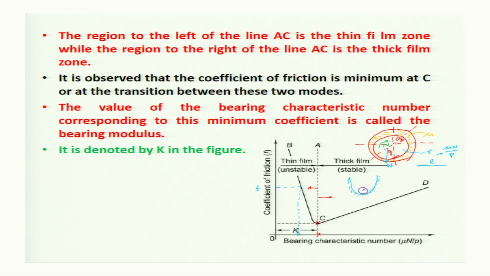Now let due to certain disturbance, this ball is shifted from its equilibrium position to this location. It is displaced from its equilibrium location. So what will happen?